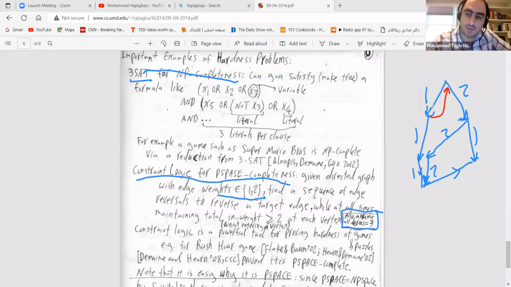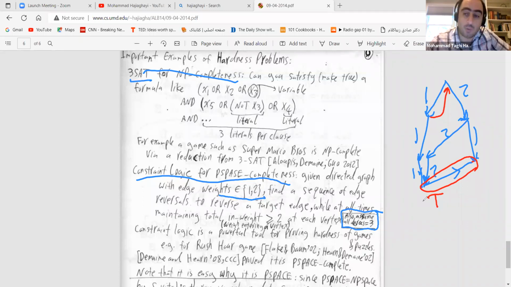So instead of this direction, you make this direction. And what is the goal? Some edge is given to you, like this edge, and you want to start from anywhere and make sure that you reverse this edge. So the goal is to reverse one particular target edge T.